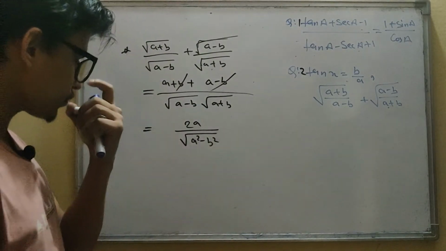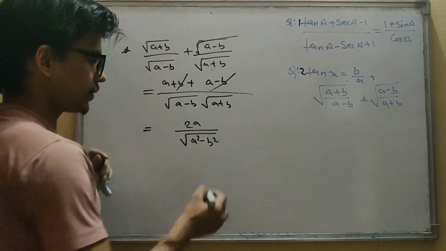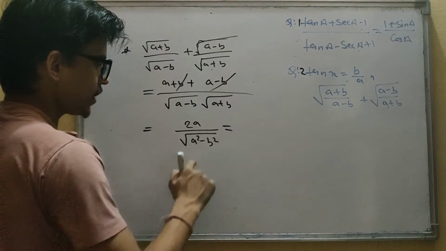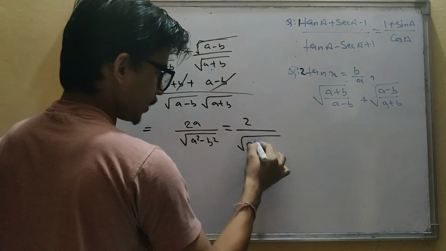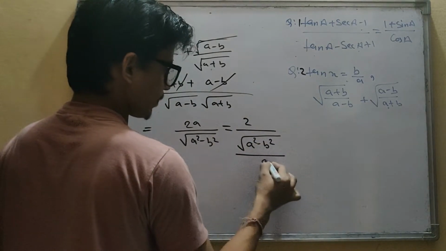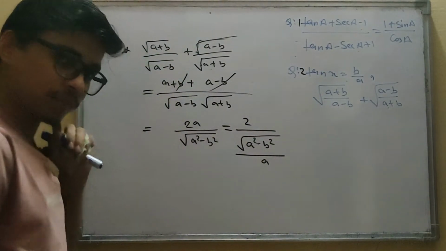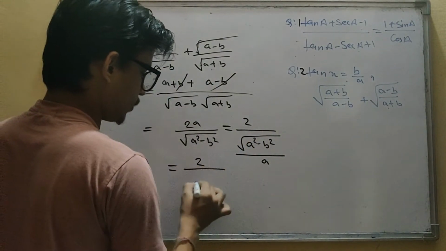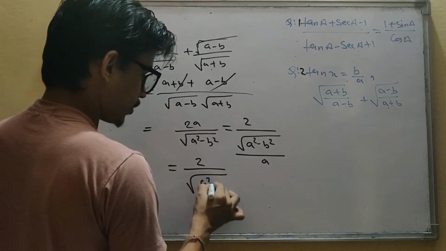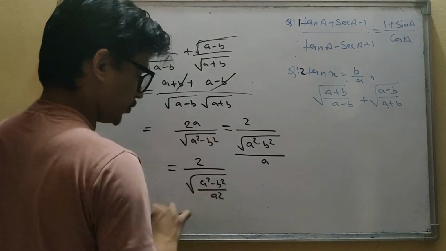Okay. Now, it is just a simplification, right? The next thing is to take a out from here like this: 2 upon under root a square minus b square upon a. This is what we can write. Now take a inside: 2 upon under root a square minus b square upon a square. Both mean the same thing.